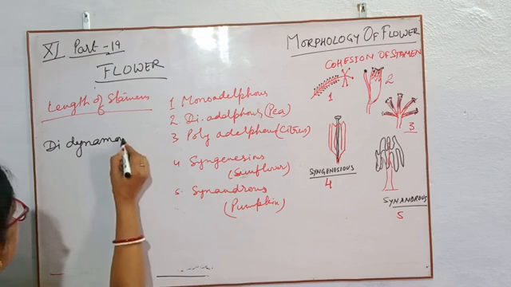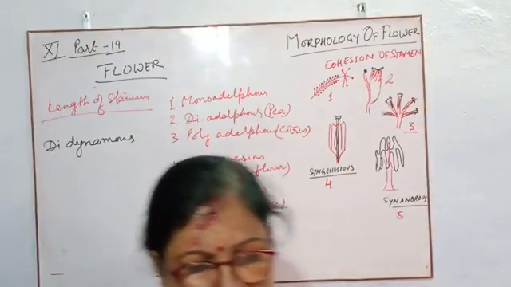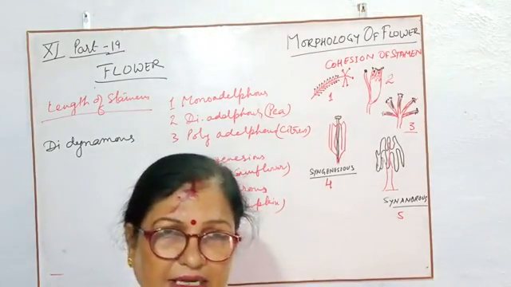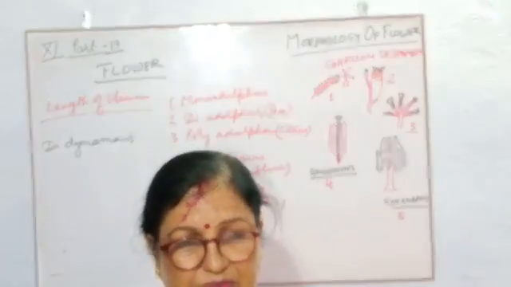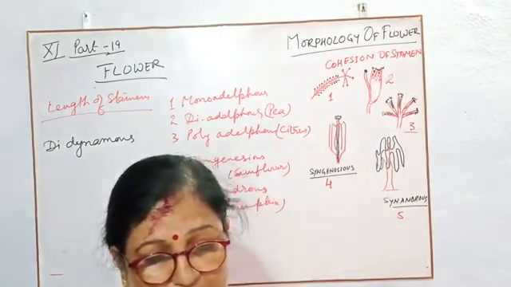didynamous. As children you know, didynamous or didynamous, if you pronounce it, let it be. But first di, not dy. Next one dy.